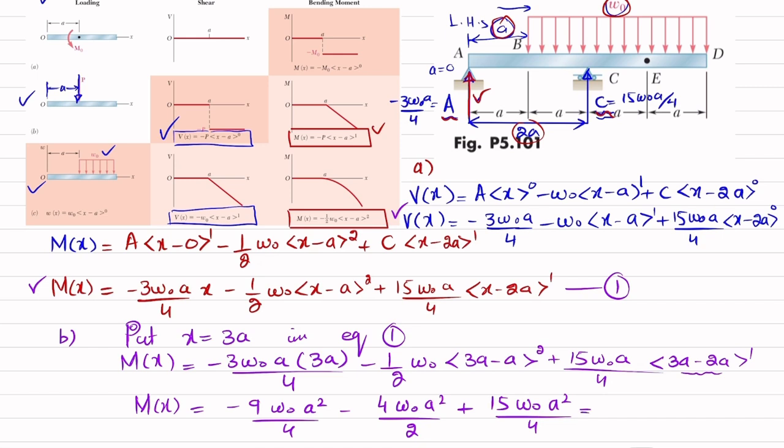And when you solve it further, you can take the LCM, so 4 will be the LCM, so it will be minus 9 w naught a square minus 4 w naught a square plus 15 w naught a square.